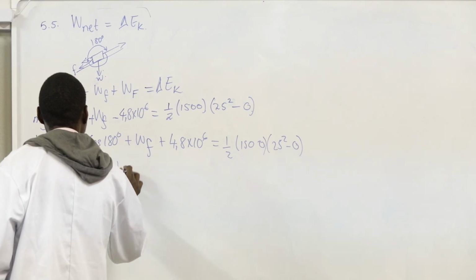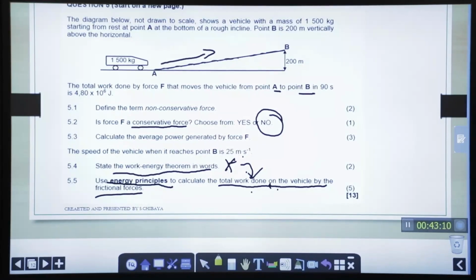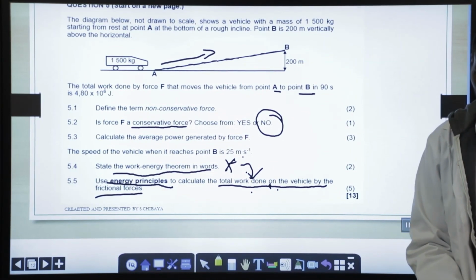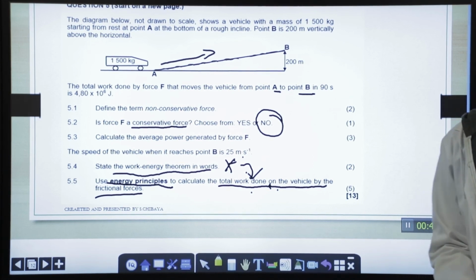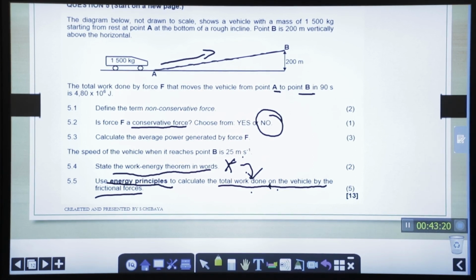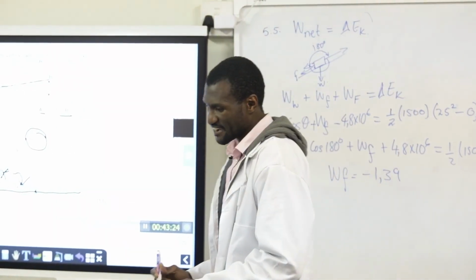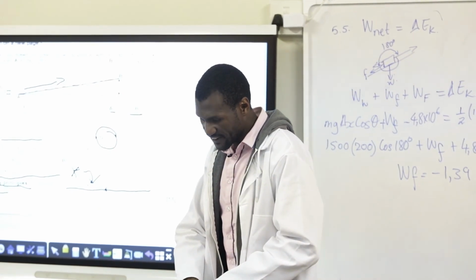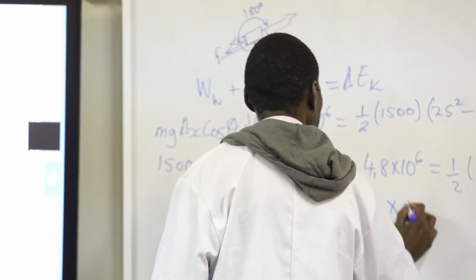I am sure if you are diligent in your mathematics, you can solve that very simple equation, and you must be able to come up with the work done by the frictional force as minus 1,39 times 10 to the power of negative 6 joules.